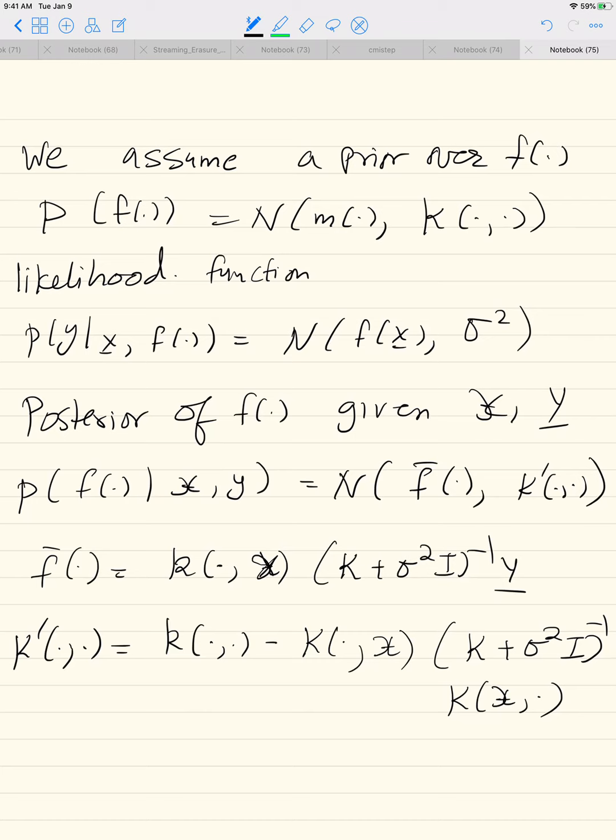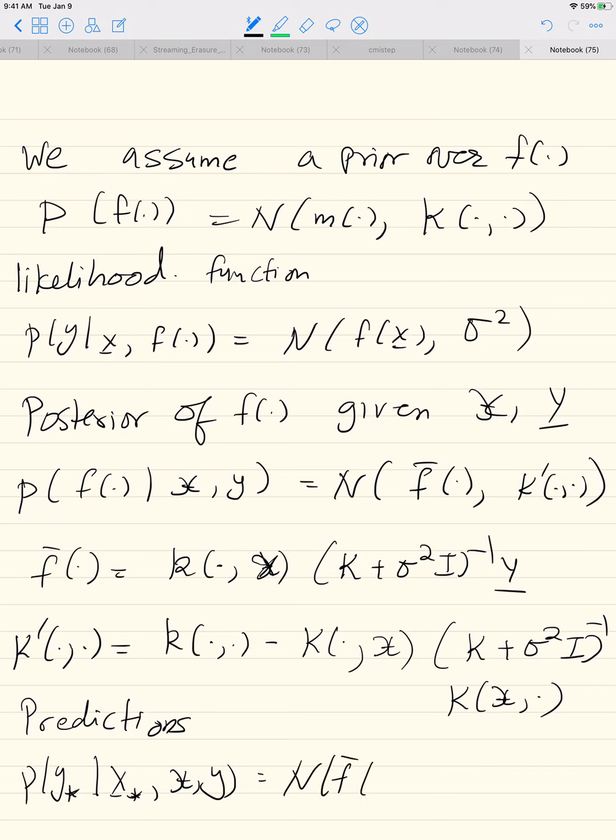So this is how we can evaluate the updates and the predictions p of y star given x star, x and y. This will be a Gaussian with f bar at x star and the kernel k prime at x star, x star.